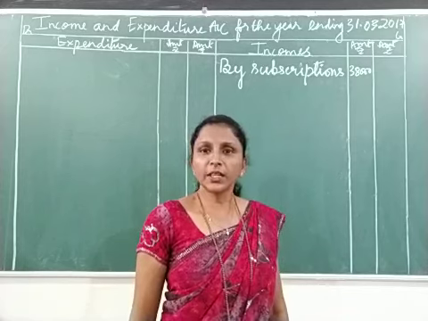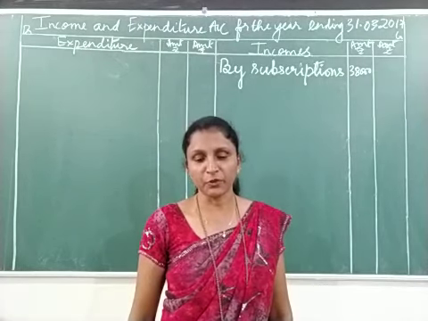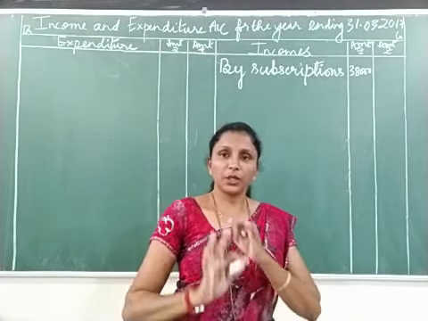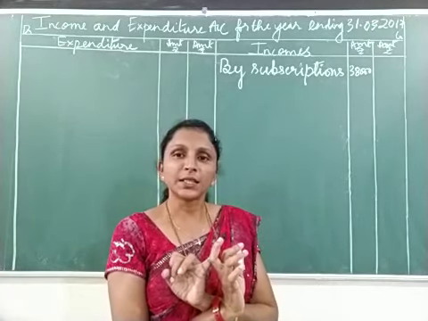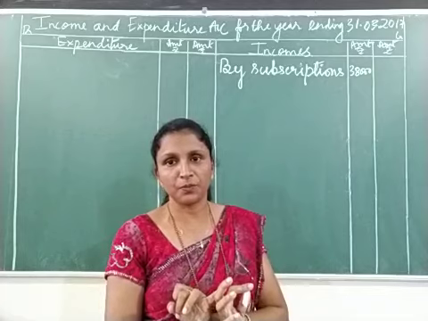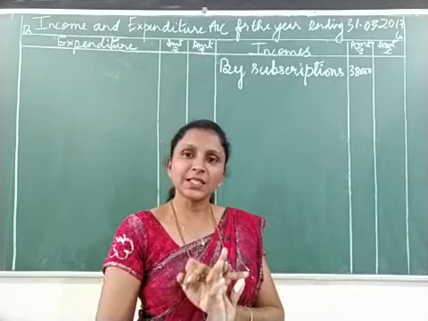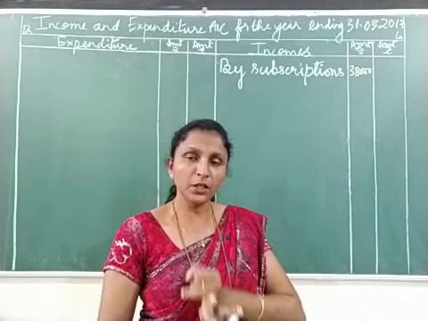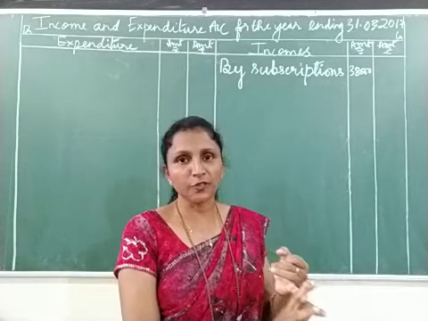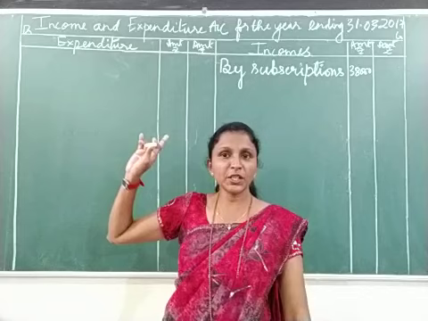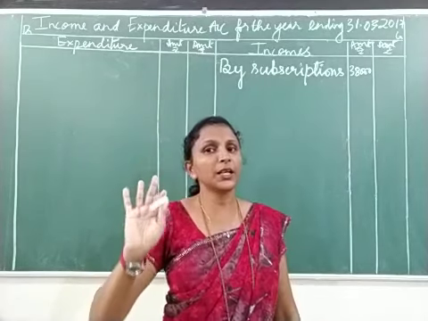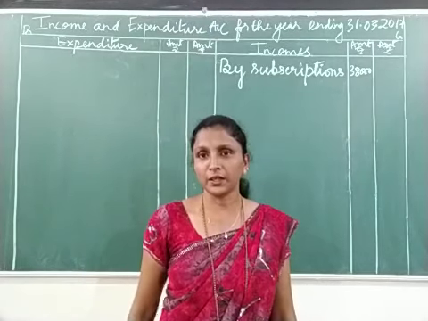Now, we'll take the adjustments. In the opening balance sheet or previous year balance sheet, there is outstanding subscription. Is it the subscription of current year or last year? It is of the last year. So as I said in the beginning, in the income and expenditure account, we have to take only the items related to the current year.